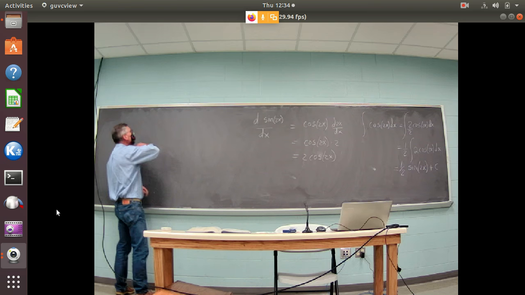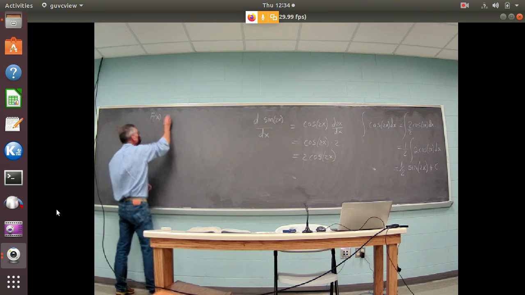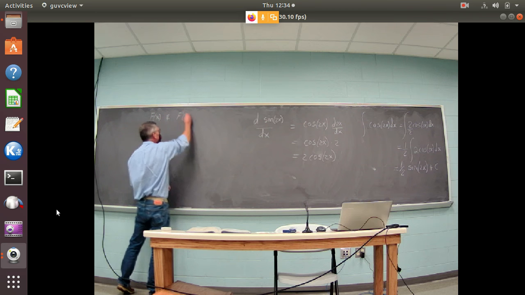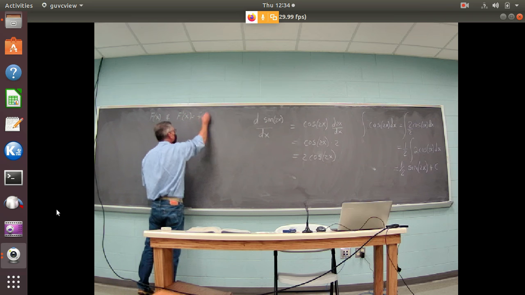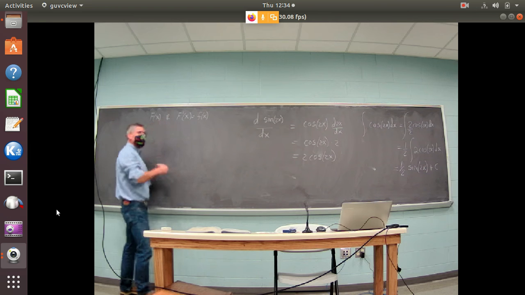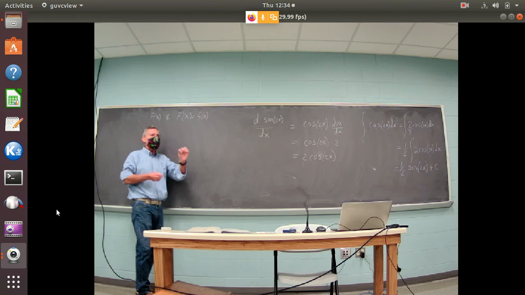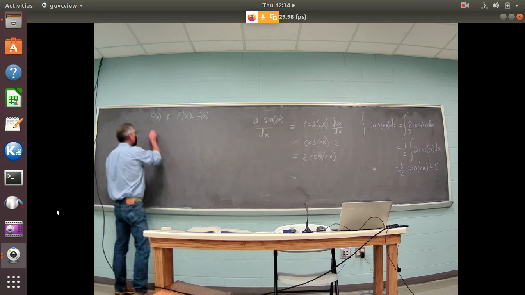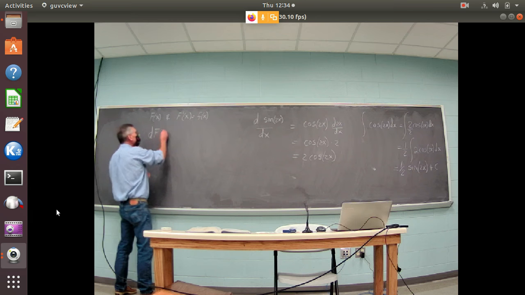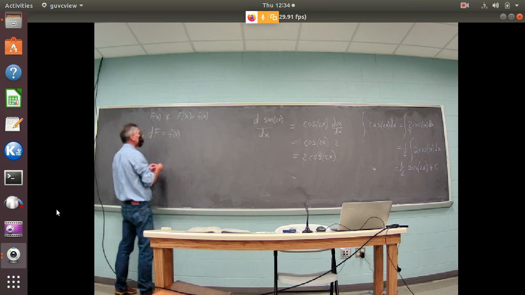If we have something like f of x and F prime of x is equal to little f of x, then we would write this differential idea, the small change in big F with that small change in x, we would write dF equals little f of x, or big F prime of x, dx.